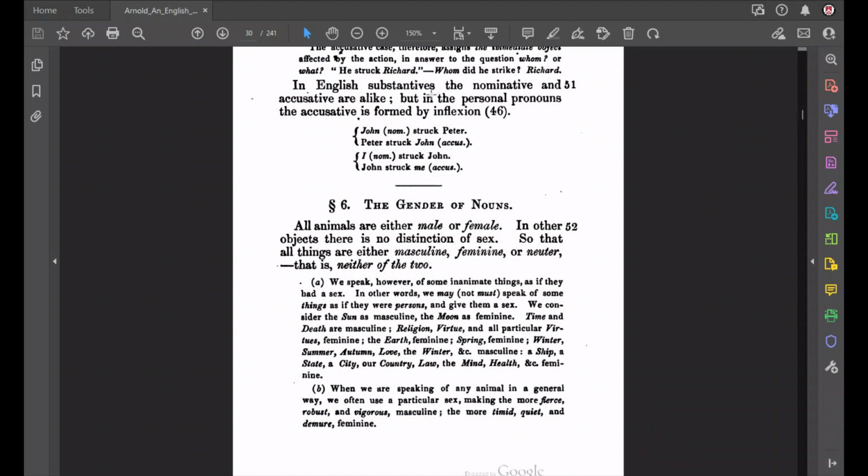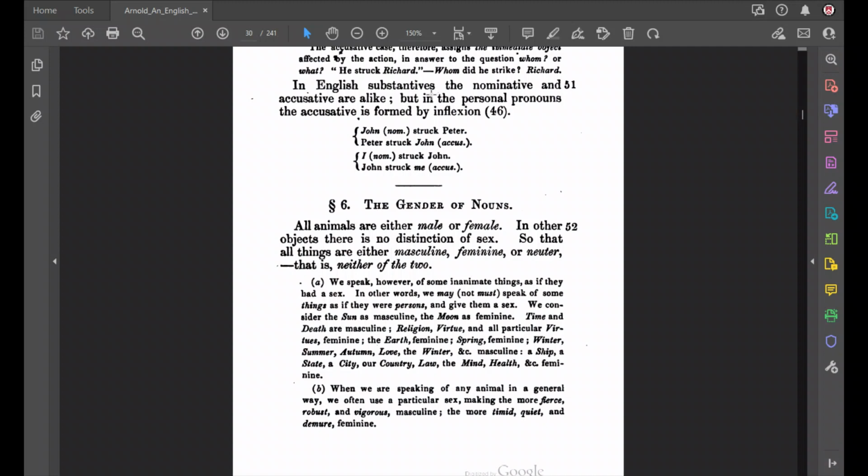In other objects, however, objects that are not animals, there is no distinction of sex. So we don't talk about male and female plants. We don't talk about male and female rocks. We only talk about male and female animals. In other objects, there is no distinction of sex.